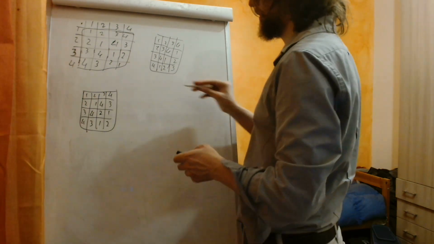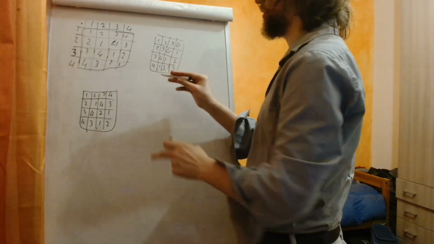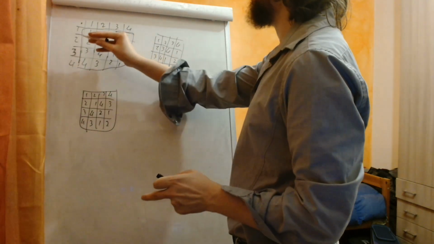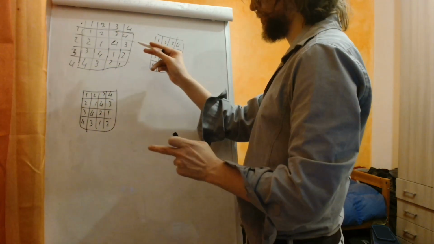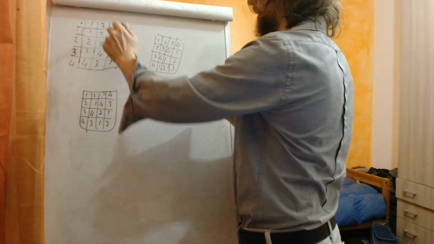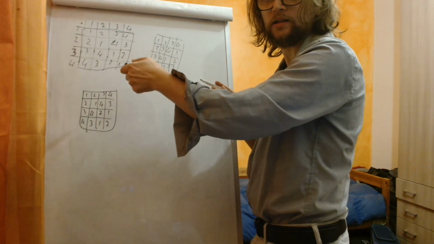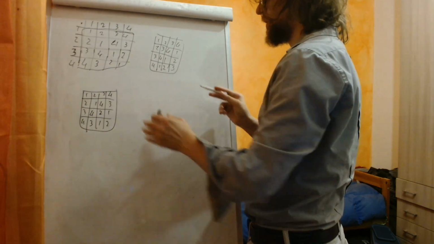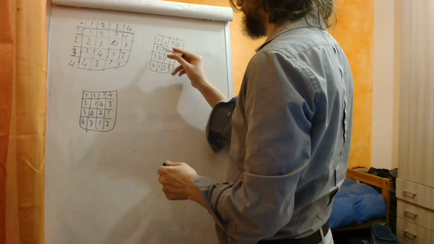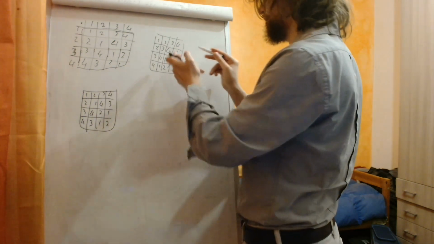Now clearly these two groups look different, because here every element has order 2, since multiplied by itself gives the identity, because we have 1 in the diagonal. Here instead we have only one element of order 2.